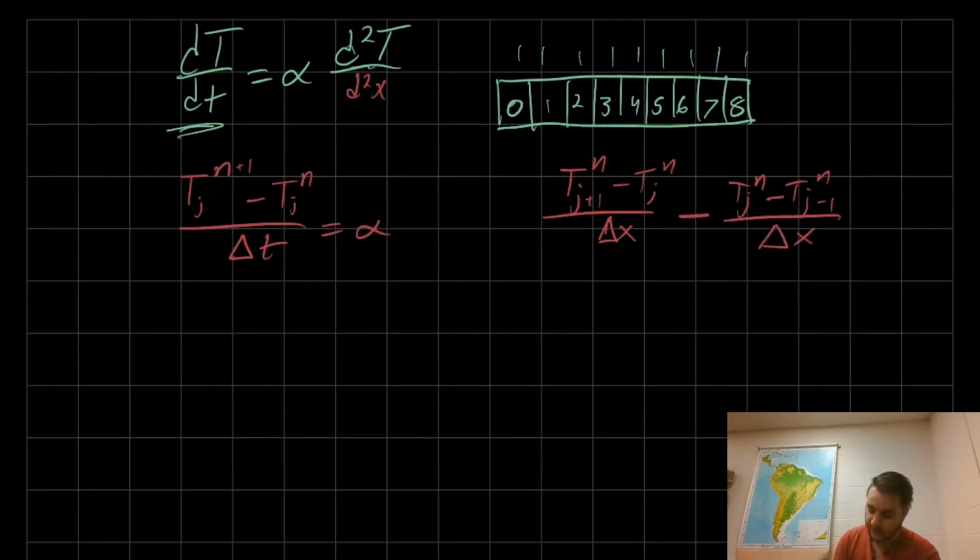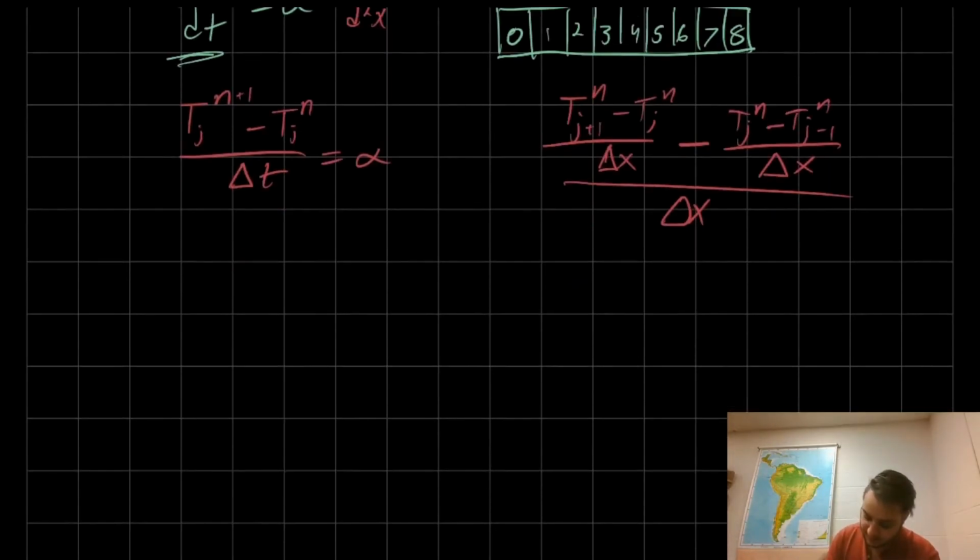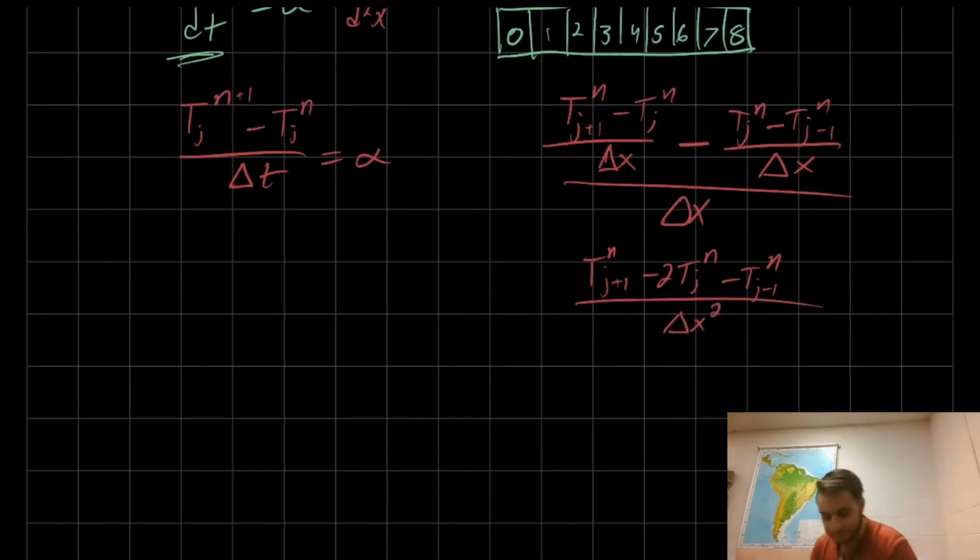We subtract that, and that's all over delta x, because it's a change in the slope, the slope of the slope. It's the second derivative. That's what that means. So let's simplify those. So it's T_{j+1}^n minus 2T_j^n plus T_{j-1}^n all over delta x squared.